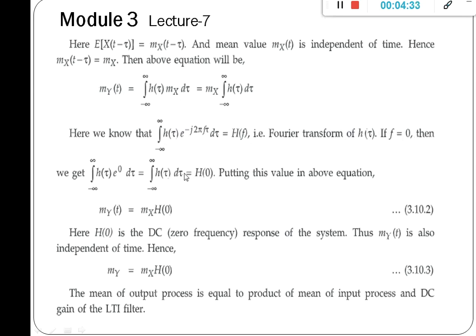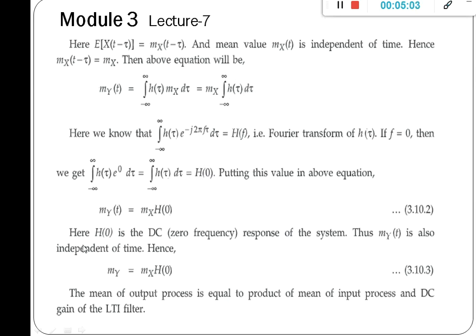If f is equal to 0, then we can write it as the integration from minus infinity to plus infinity of h of tau times e to the power 0, which is equal to the integration of h of tau d tau, which is equal to H of 0.